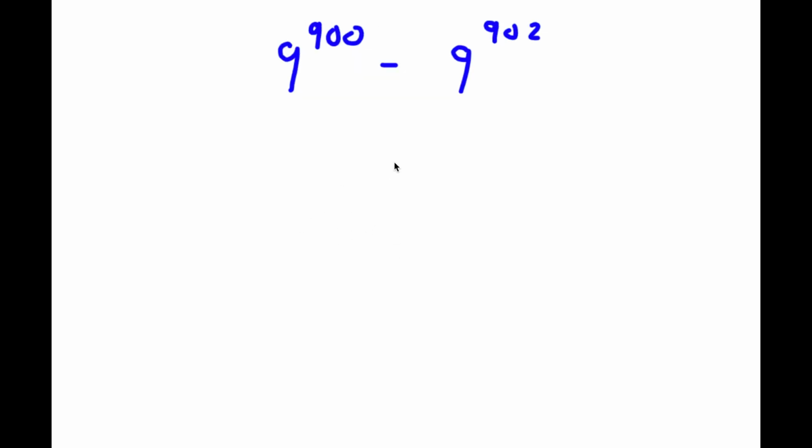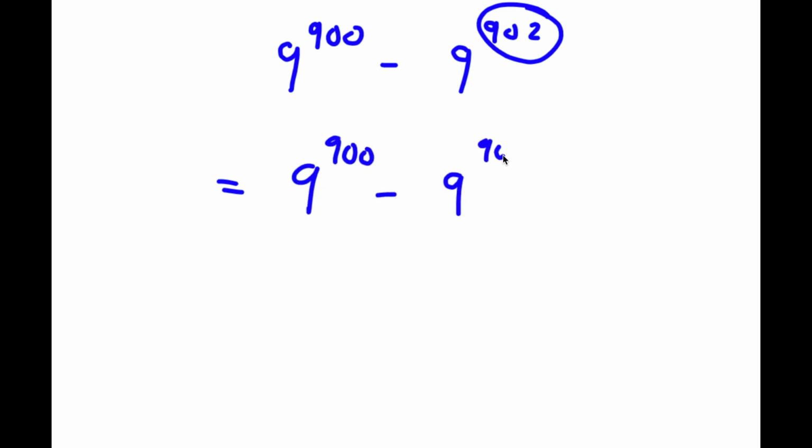Alright, so in this problem, I have 9 to the power of 900 minus 9 to the power of 902. So to solve this, I'm going to first go ahead and rewrite 902 as 900 plus 2. So now I have 9 to the power of 900 minus 9 to the power of 900 plus 2.